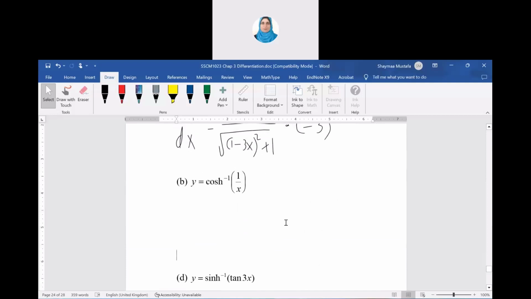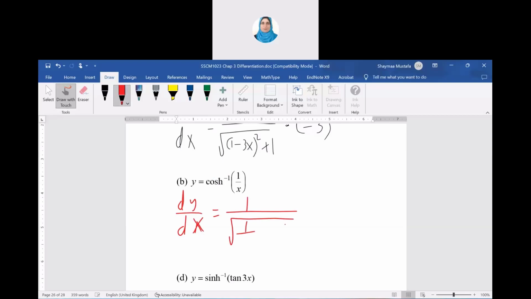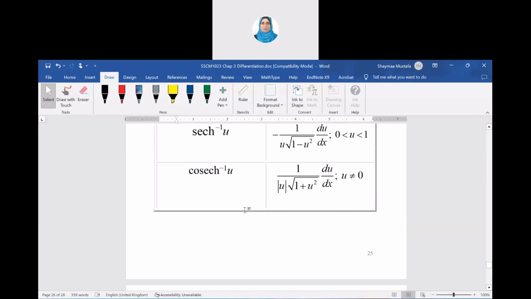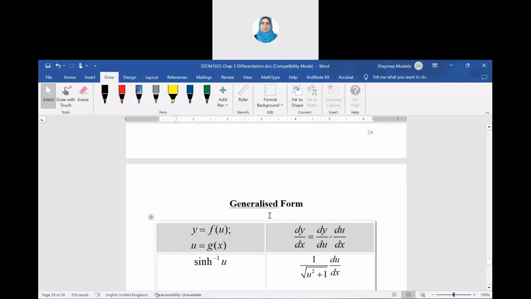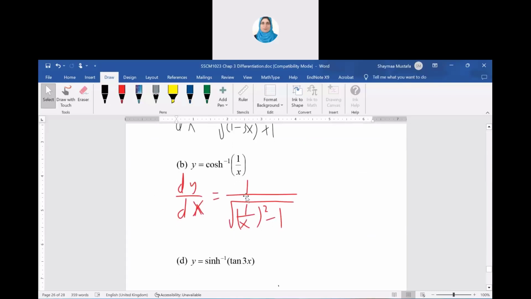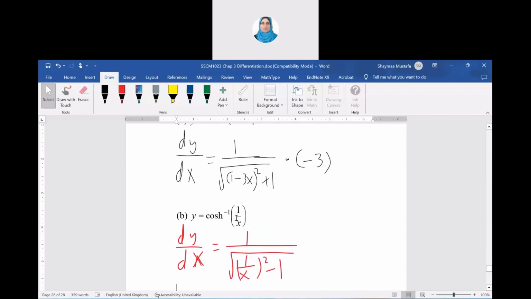So dy over dx equals 1 over square root of x squared minus 1. I don't have x, I have 1 over x, so x here will be replaced by 1 over x. Now multiply by the derivative for 1 over x.